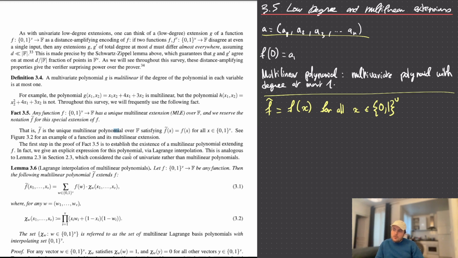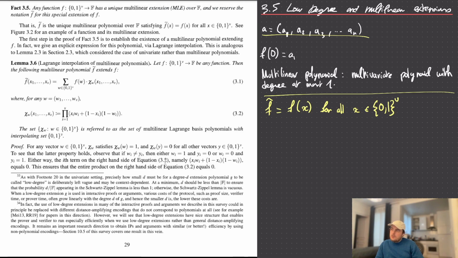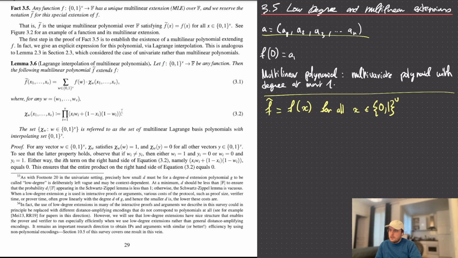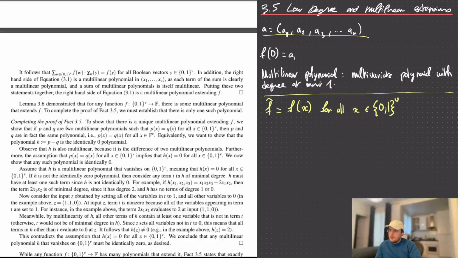There is Lagrange interpolation of multilinear polynomials. So f takes this input and gives a number in the field. Honestly, this thing I don't really like it, but okay, the proof I don't care.